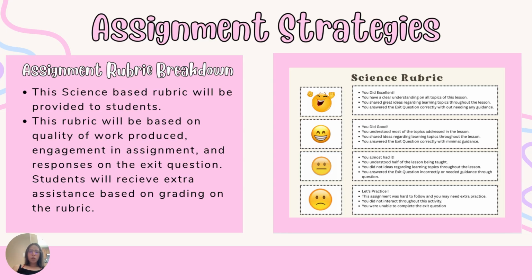Students will receive extra guidance and assistance based on the grades they're receiving off of these rubrics. So the first science rubric is: you did excellent, and it states that you have a clear understanding of all of the topics of the lesson. You shared great ideas regarding learning topics throughout the lesson. You answered the exit question correctly without needing any guidance.